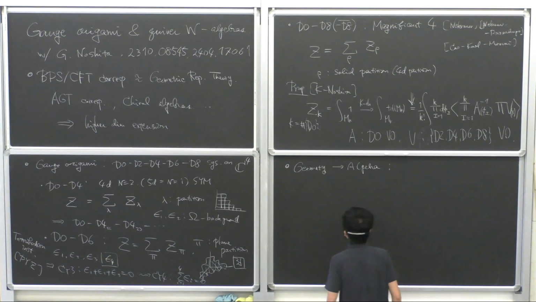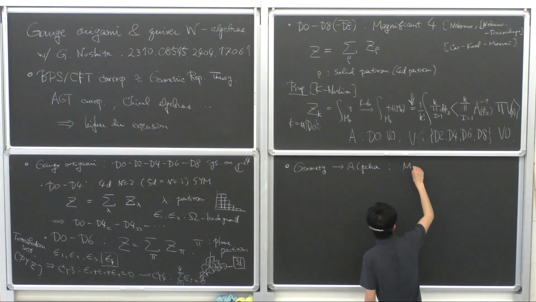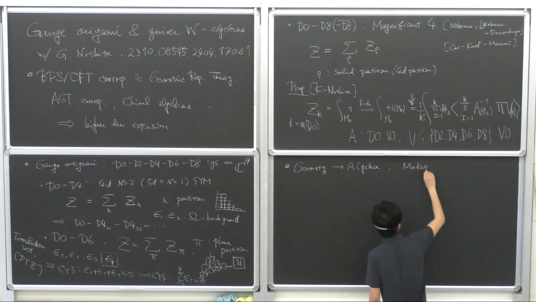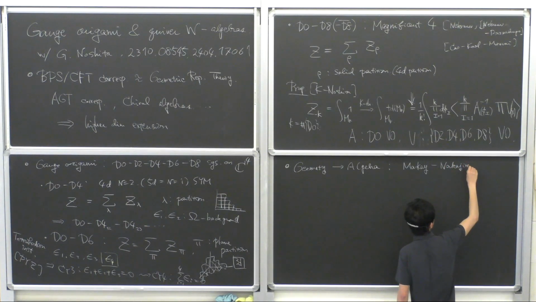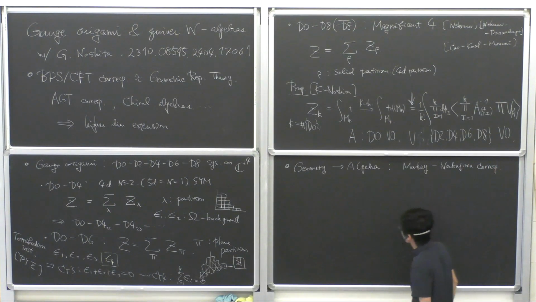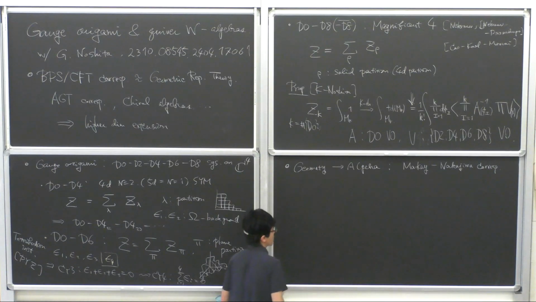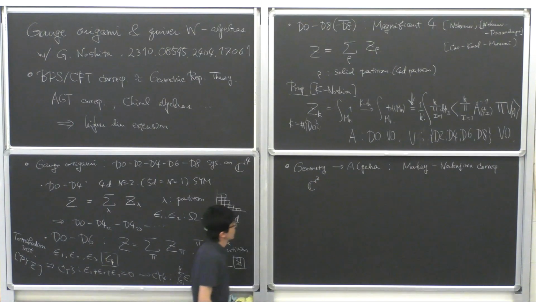Okay, so let me first discuss a more established example, the Nakajima correspondence. This is a more established version in the sense that, for the moment, we think about C2.